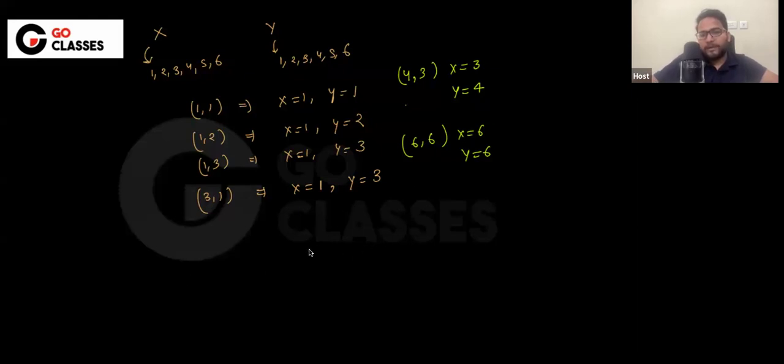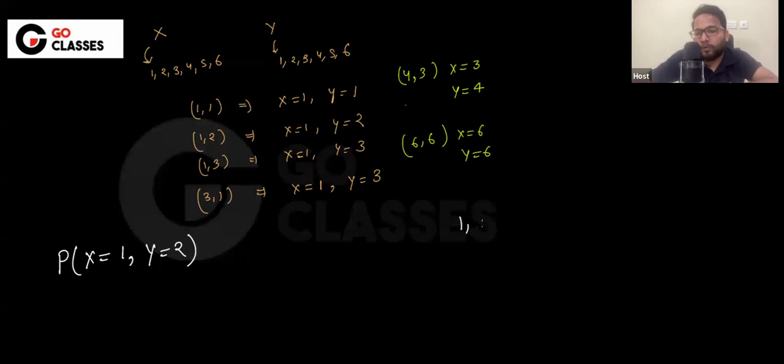So basically here, let's suppose I ask you, what is the probability of x being 1 and y being 2? Another way of asking is, at what kind of dice combination will you be assigning x as 1 and y as 2?